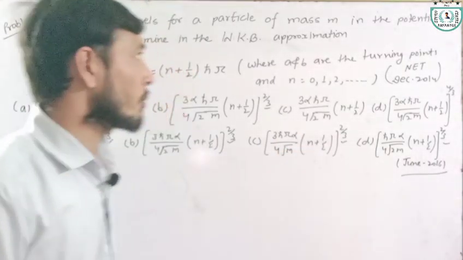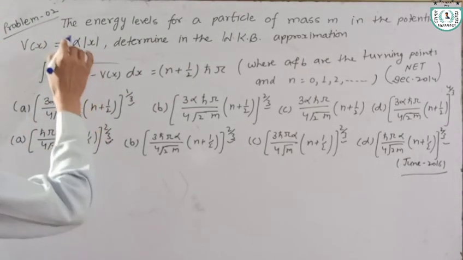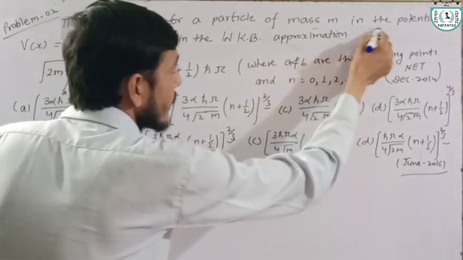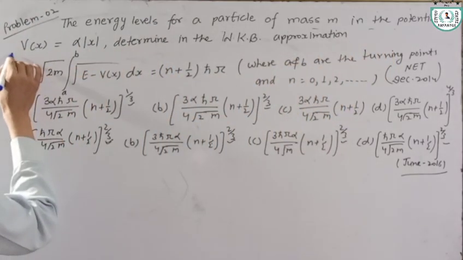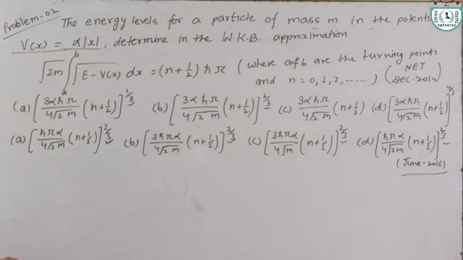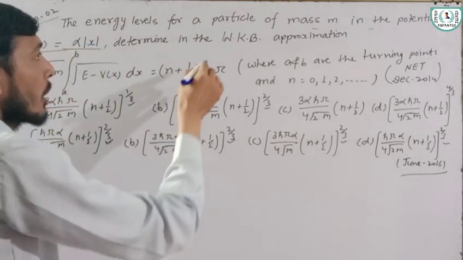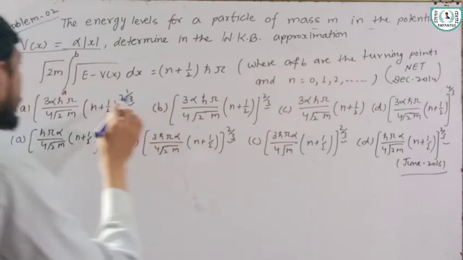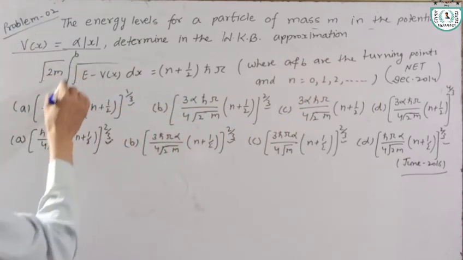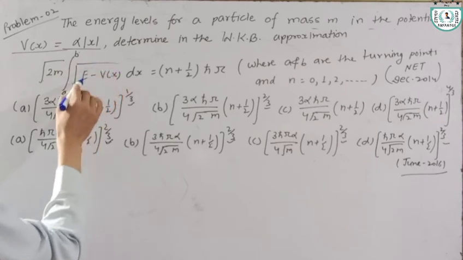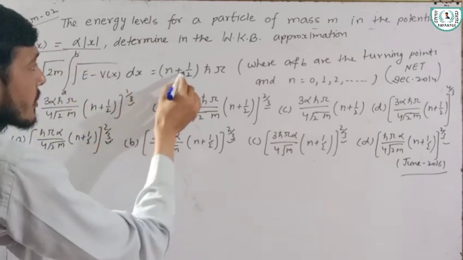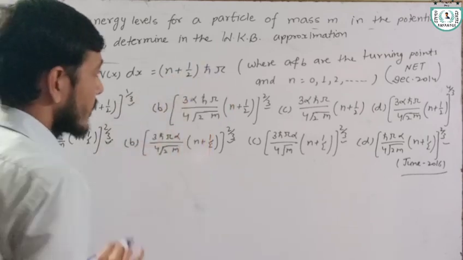Okay, what is the problem? The problem is: the energy levels for a particle of mass m in the potential V(x) equal to alpha mod x are determined in the WKB approximation, where root 2m integration from a to b of root (E minus V(x)) dx is equal to (n plus half) h cut pi.